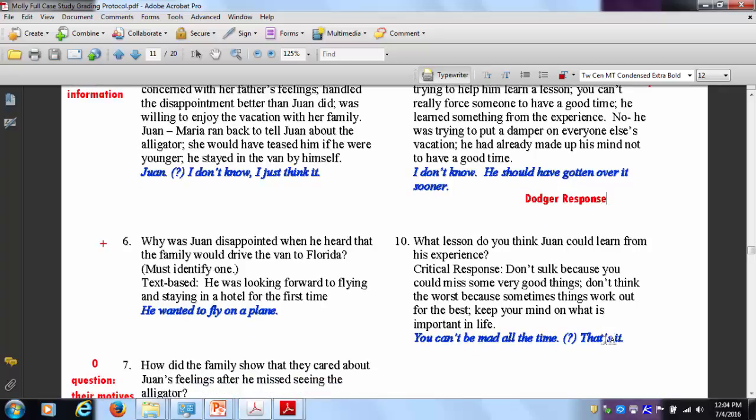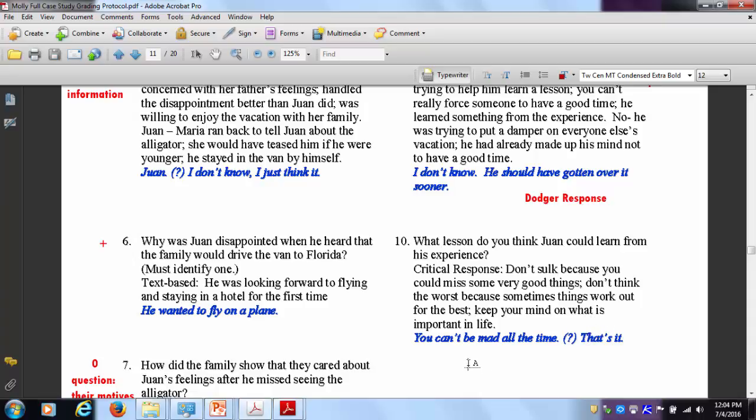Now here's a very interesting case, because the question is, what lesson do you think Juan could learn from his experience? So you have to analyze all of the experience involved with Juan and come up with a lesson. His is, you can't be mad all the time. Well, keep in mind, he wasn't mad all the time. So the examiner notice says, could you expand that and explain it a little bit more?